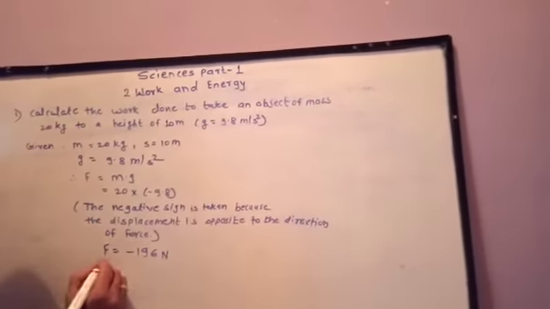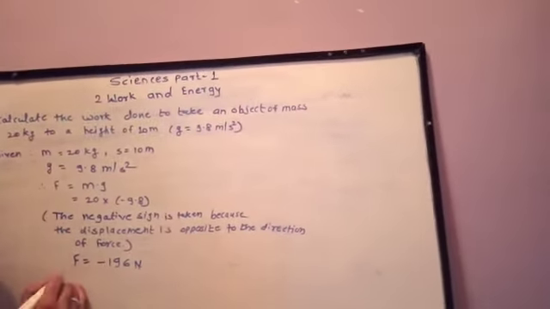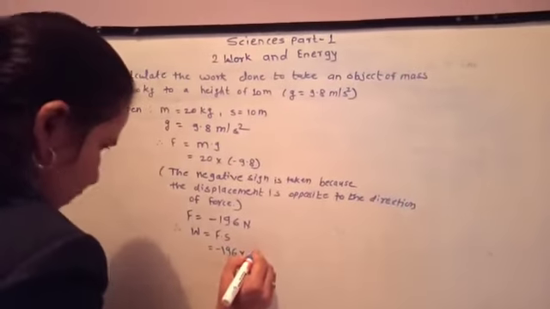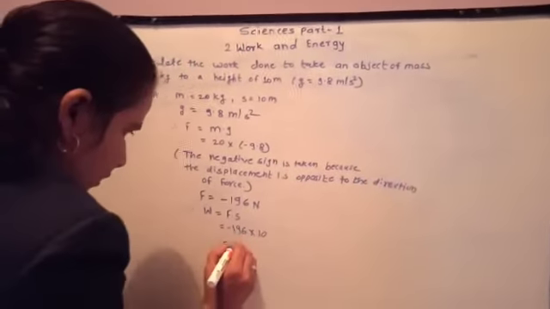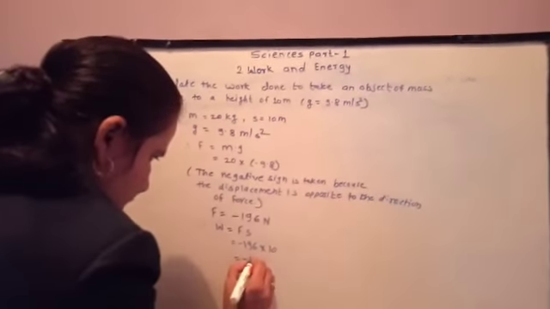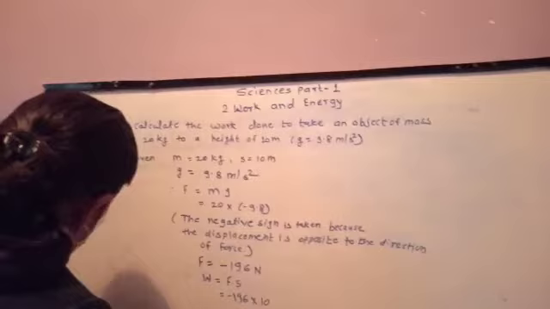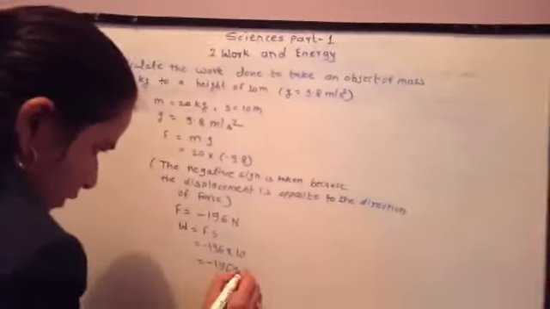Therefore, work equals F into S. The force is minus 196 into displacement 10. The answer is minus 1960 joule.